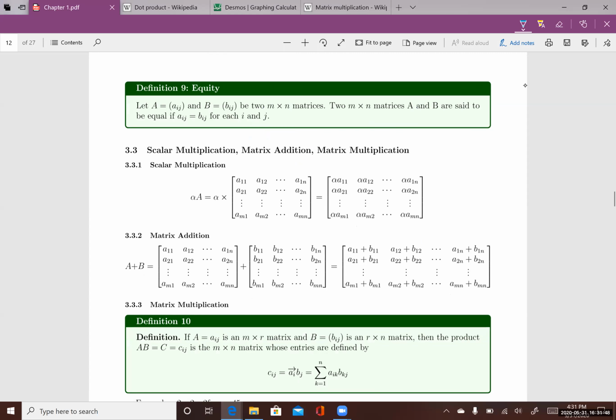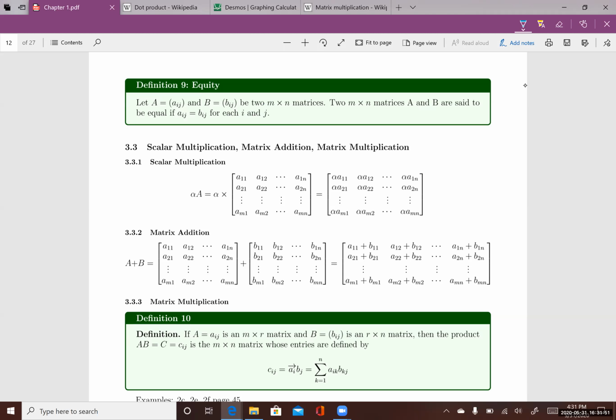All right, so once we know the notation for matrices, this is the definition of equality of matrices. Two matrices A, little a_ij, and B, little b_ij, if they both have the same size or dimensions, let's say m by n, are said to be equal if for each i and j, little a_ij equals little b_ij.